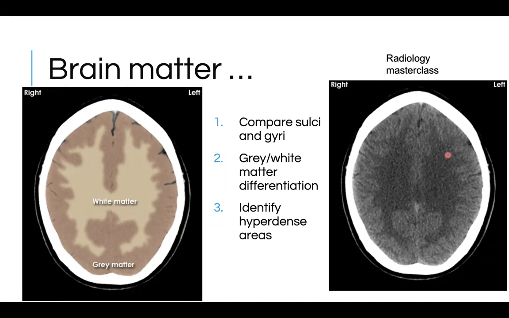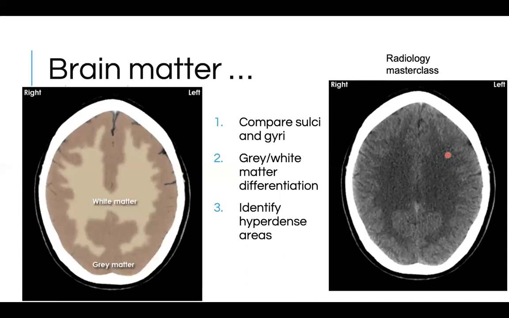And then you also need to look for any hyperdense areas in the brain, which would indicate bleeding, or hypodense areas, which can be associated with air, fat, ischemia, or tumor. So how could they be in the brain?